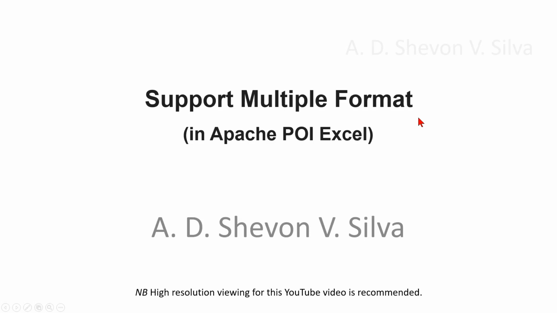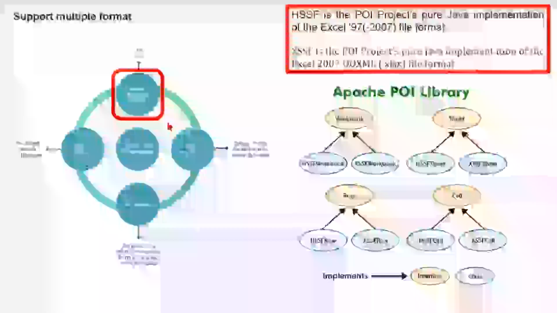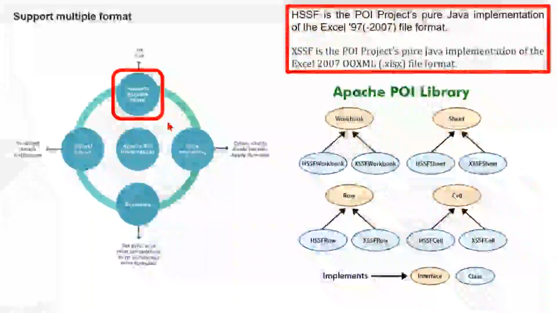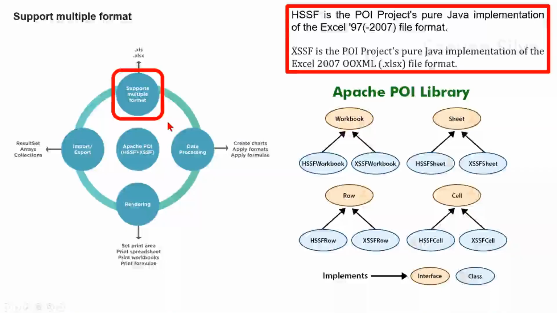Support multiple formats in Apache POI Excel. HSSF is the POI project's pure Java implementation of the Excel 97-2007 file format.